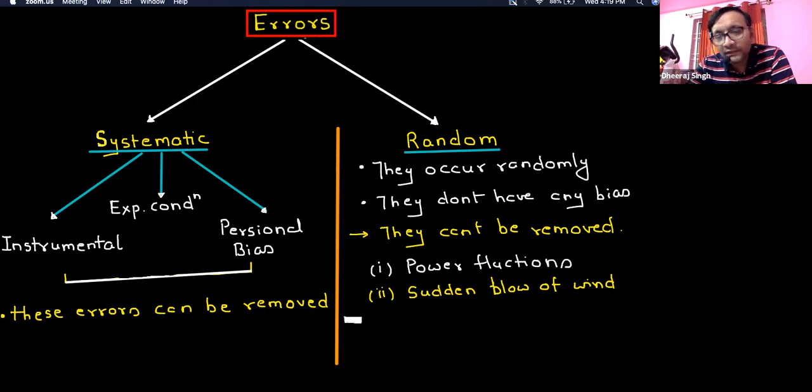Okay, since sudden blow of wind, you can remove it, but error will be random if it blows. But this error you cannot get rid of. This error, even if you change the entire experiment, also will be there. I'm talking about least count error. Write down least count error.